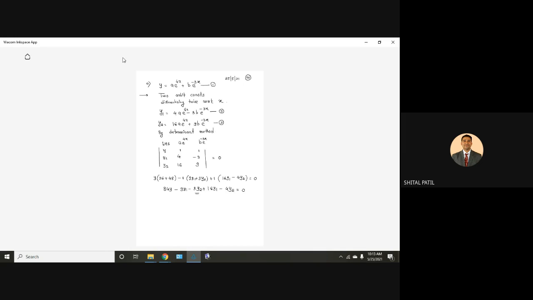Write the highest order term first. Then next. Then next. So all are divisible by 7. Divide by minus 7.